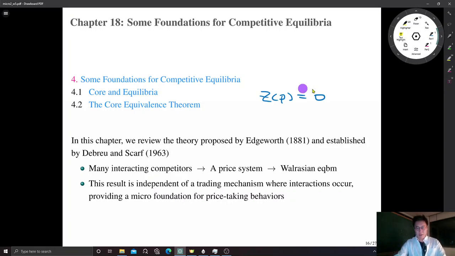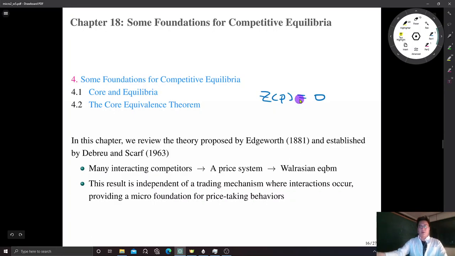But for uniqueness of equilibrium, we have to impose either WARP, the weak axiom of revealed preference, or the gross substitute property. Okay. If either condition is satisfied, then we can say Walrasian equilibrium is uniquely determined, so there is no other equilibrium. Right? We also examined the stability of equilibrium.